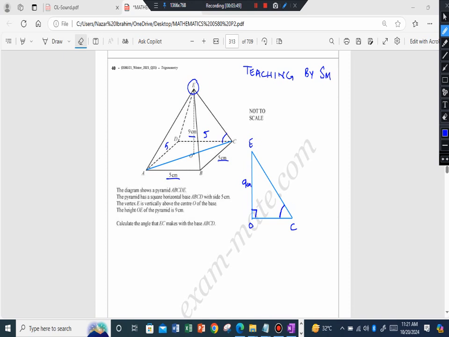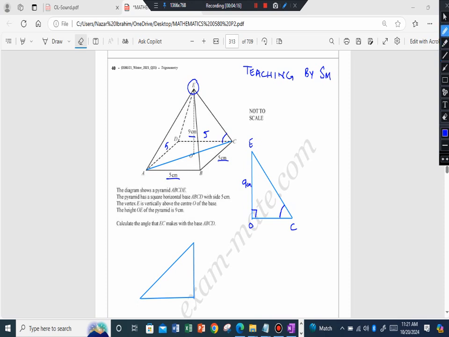Now, if you see this side, we have a square base, right? So if we see this triangle ABC, let us make this first. Okay.